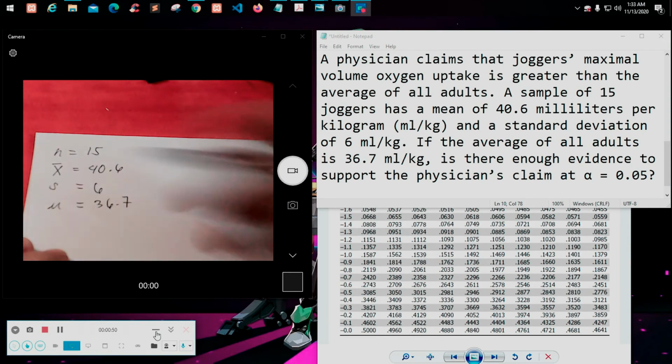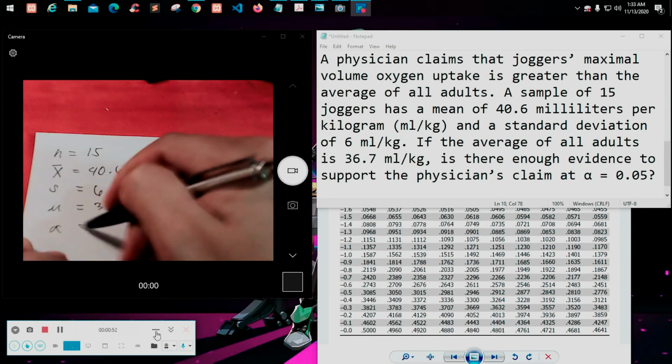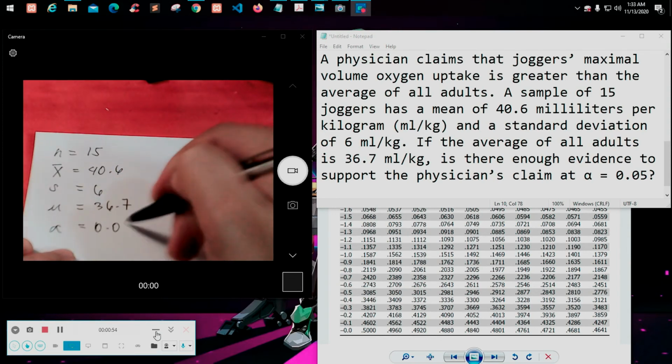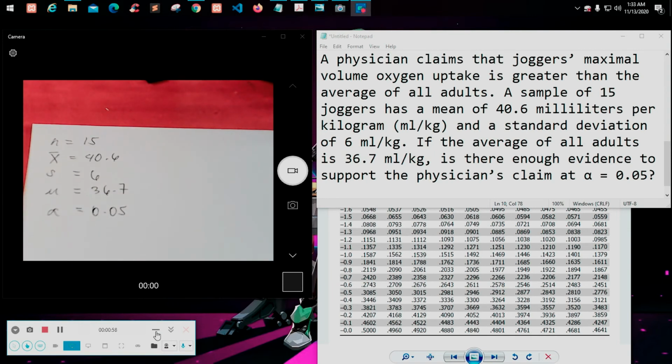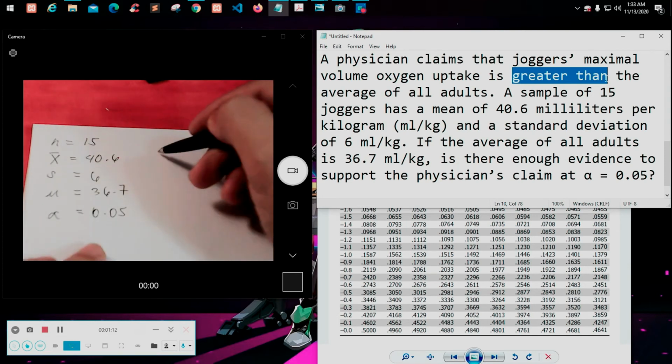Given that the alpha equals 0.05. So let's check muna kung right-tailed, two-tailed siya, or left-tailed. So since nakita natin keyword na greater than, we assume the alternative hypothesis is right-tailed. So let's list down the hypotheses.